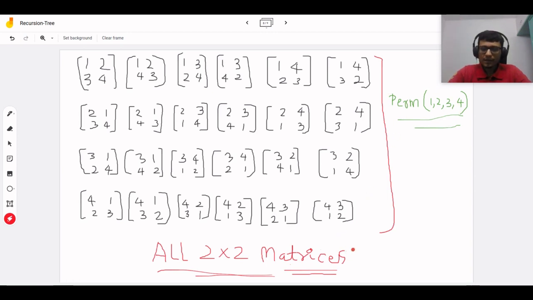So the observation here is that you can obtain all the 2 cross 2 matrices by obtaining all the permutations of 1, 2, 3, 4 and then arranging them in a particular order in the 2 cross 2 matrices.